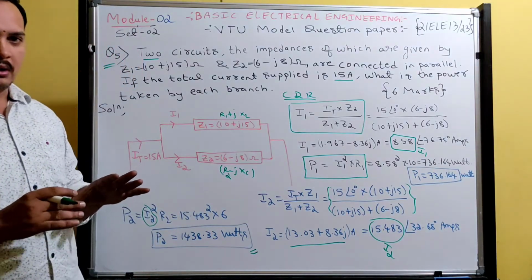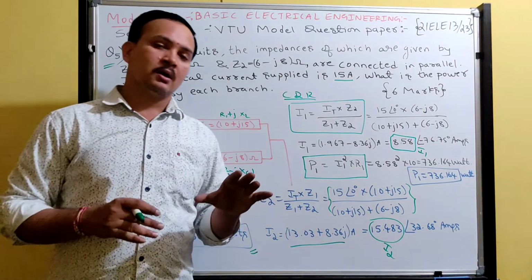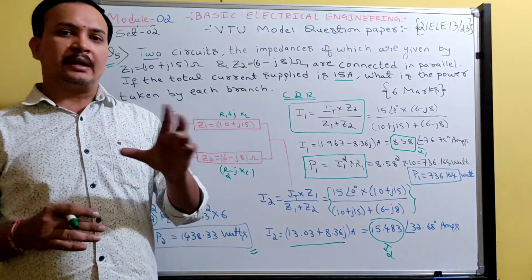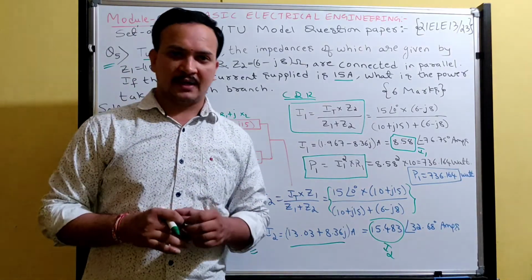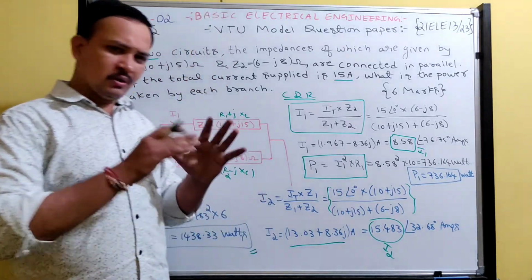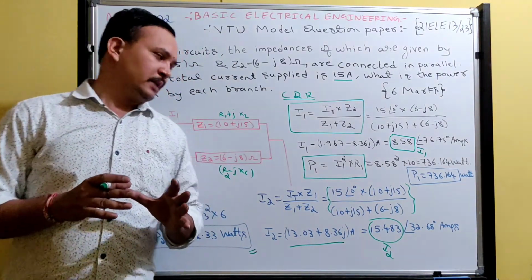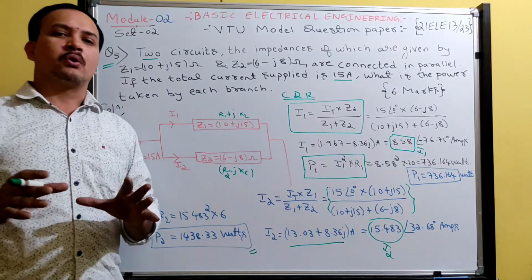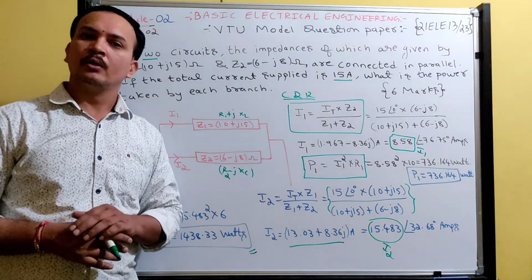And for series RLC combinations, the voltage across the resistor is I into R, across the inductor is I into XL, and across the capacitor is I into XC. You must know all this. Then only you can score full marks in module 2.